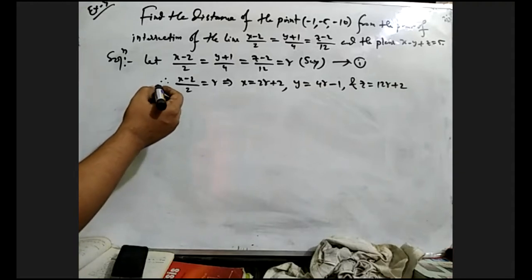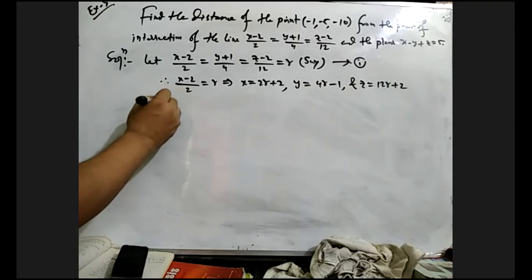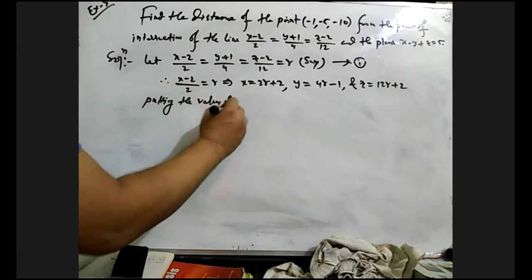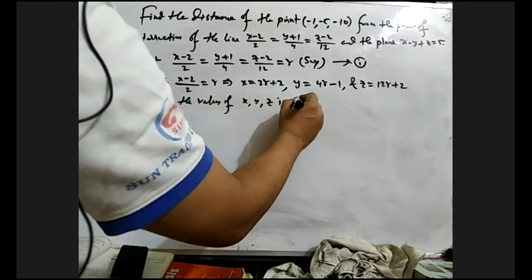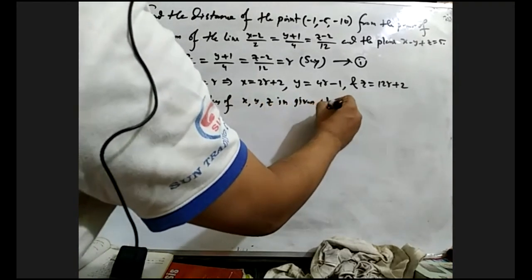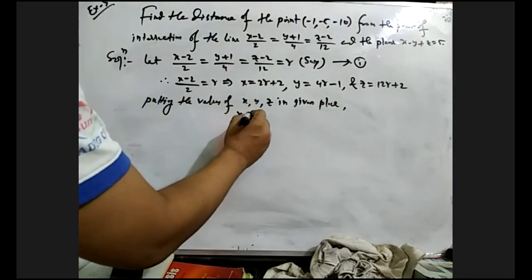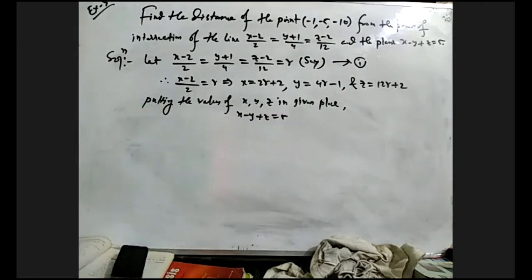So therefore, now putting the values of x, y, z in the given plane. The given plane is x minus y plus z equals 5.